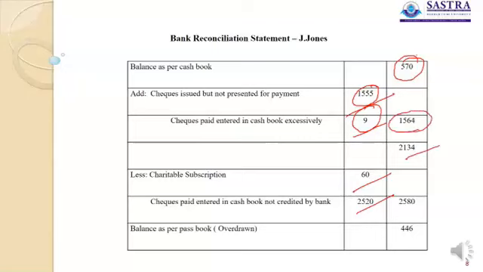So positive or favorable balances 2, 1, 3, 4, and at the end these transactions are added and deducted, so that we got again the minus. So the overdrawn balance as per the passbook is found. See here, this is one kind, 570 and 1564 added, 2, 1, 3, 4, but excess 2580.